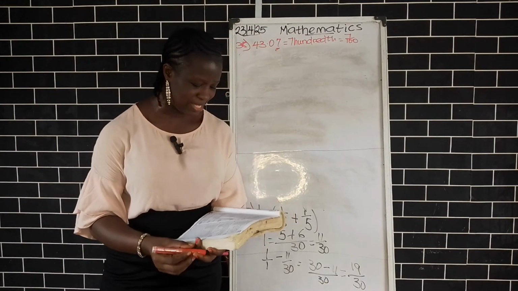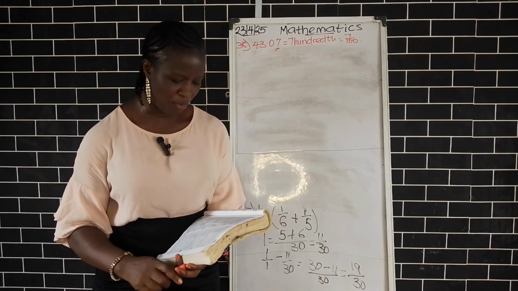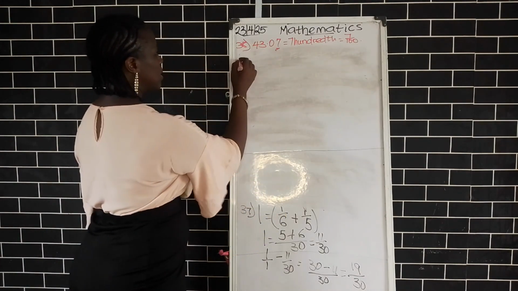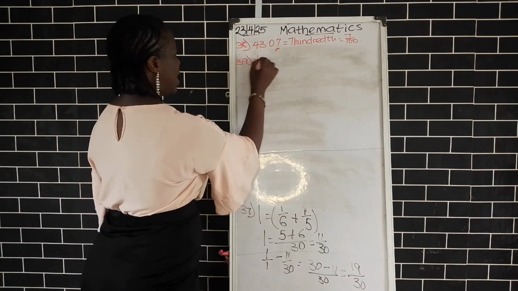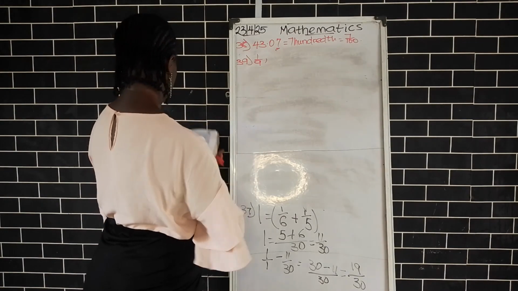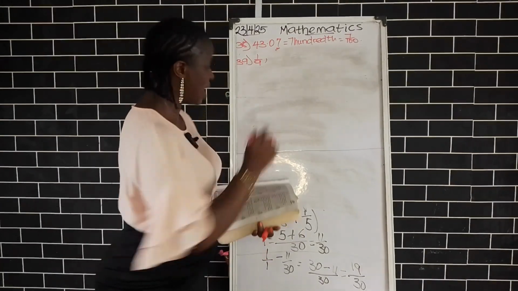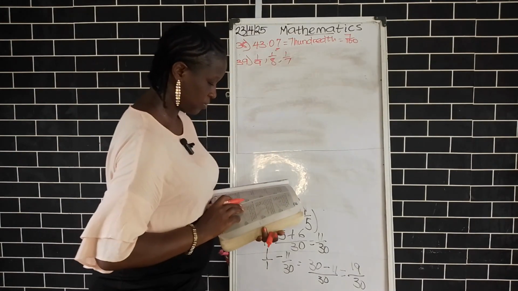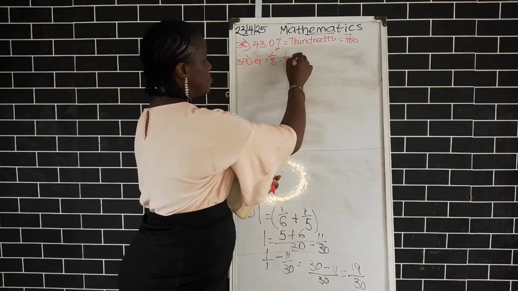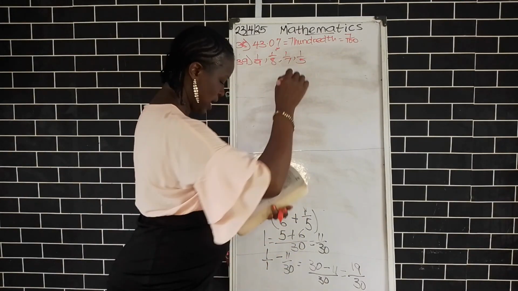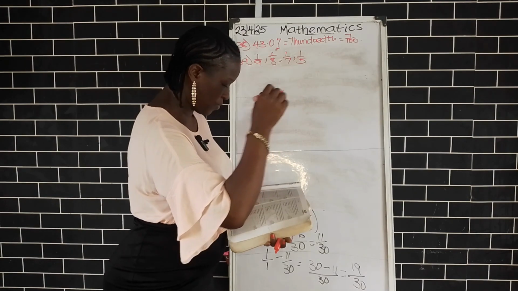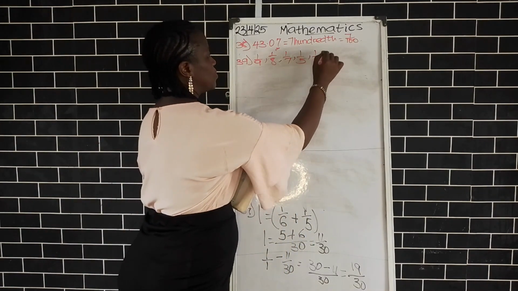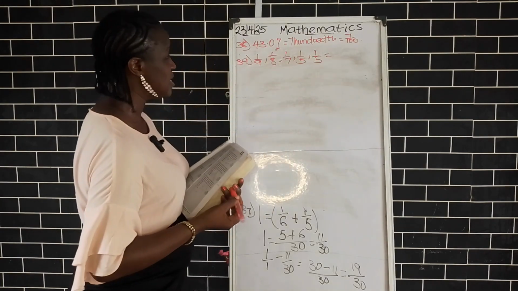Number 39 says, which of the fractions 1/9, 1/8, 1/7, 1/5 is the smallest of them all?